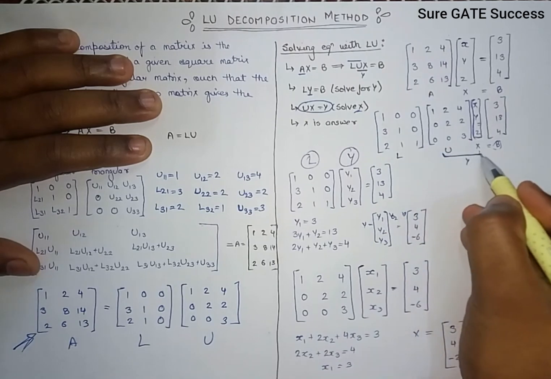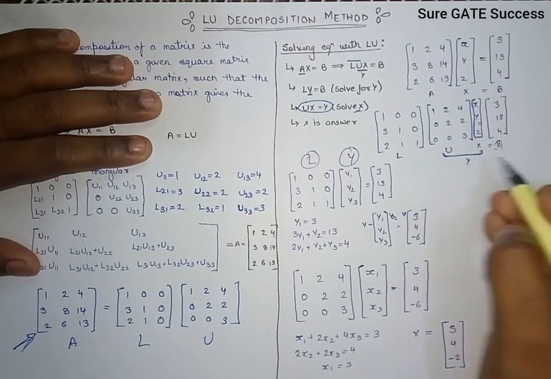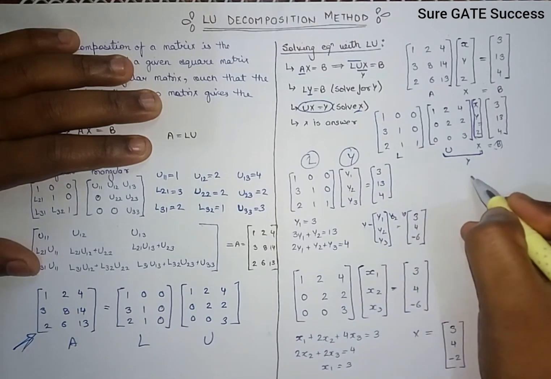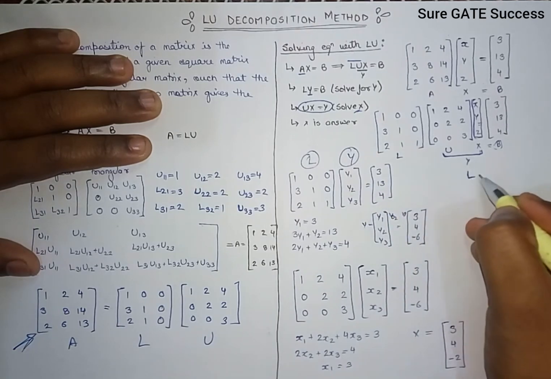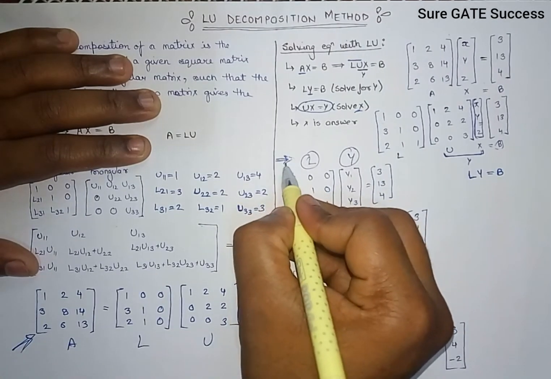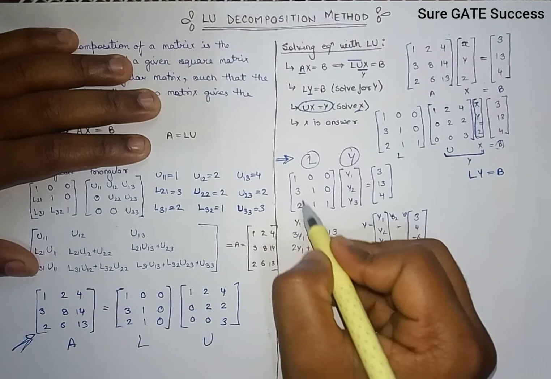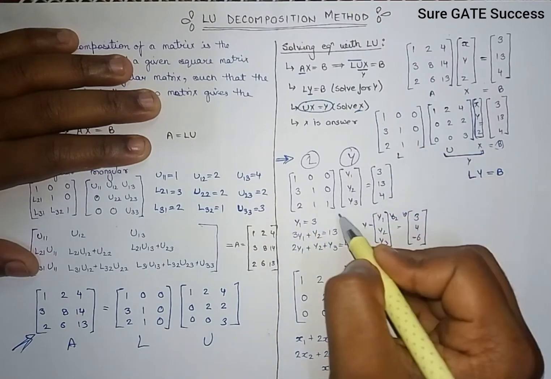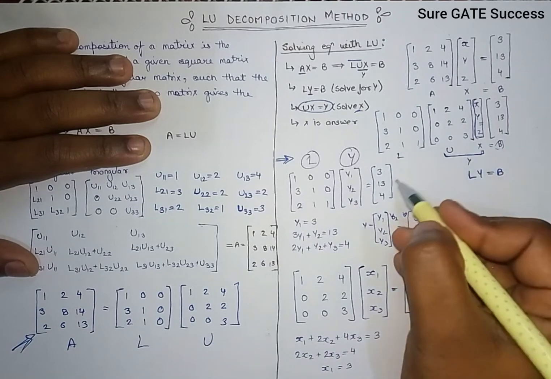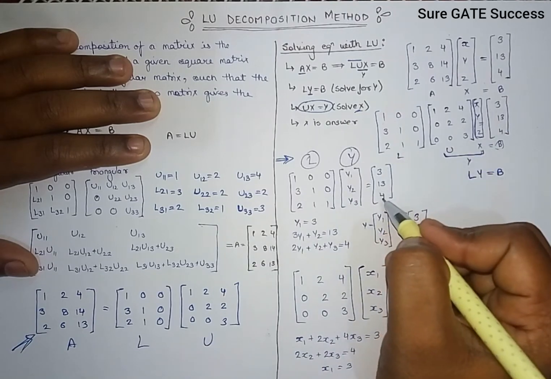I considered UX as Y, and now I have to solve LY equals B. So L is 1, 3, 2, 0, 1, 1 and 0, 0, 1, and I am considering Y as Y1, Y2, Y3, putting the right hand side as it is.